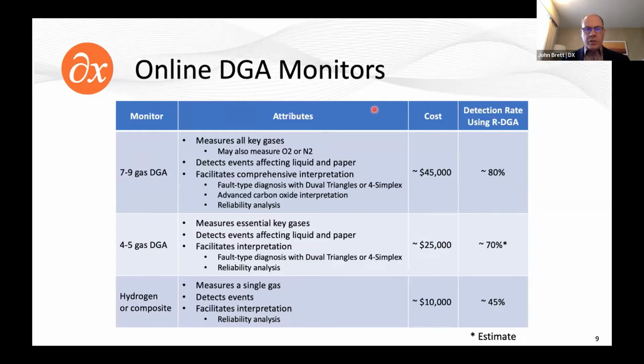Not nearly as good as a full multi-gas monitor, but still pretty good. We haven't done a thorough study on 4 to 5 gas DGA monitors, but we think it'll be closer to the 7 to 9 gas. So hence we just put an estimate of about 70% detection rate there.